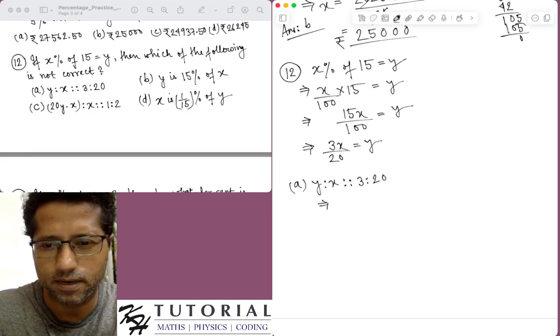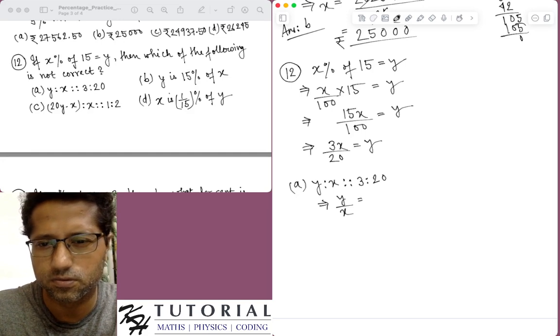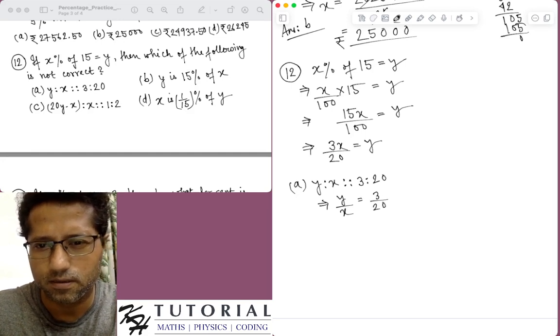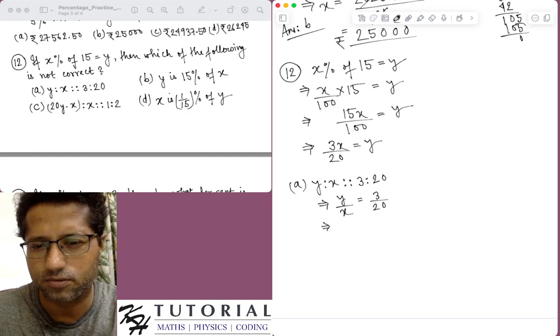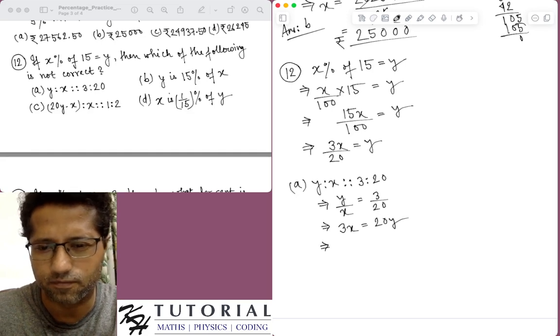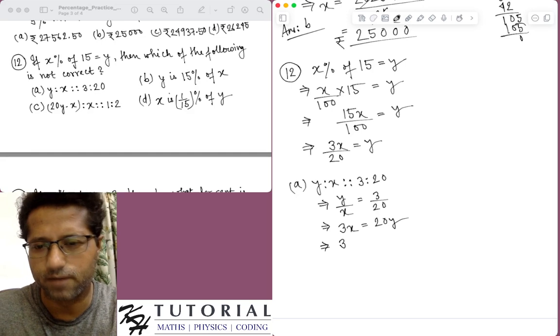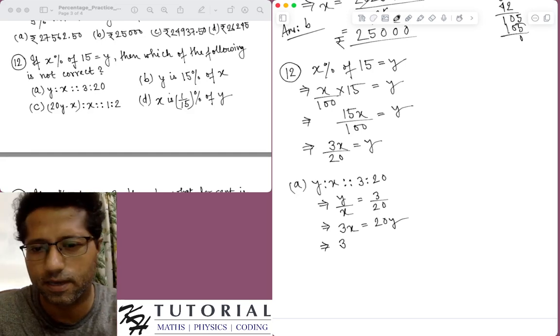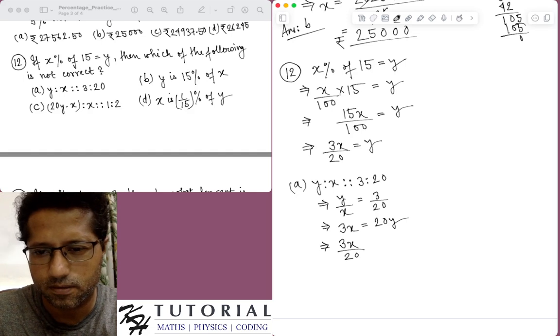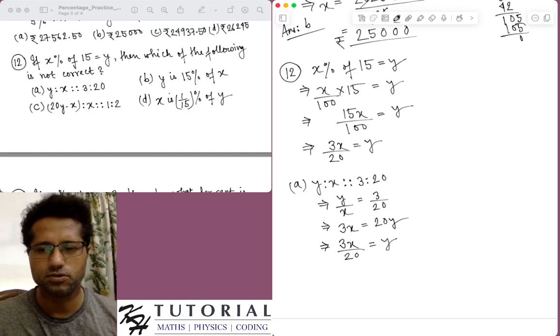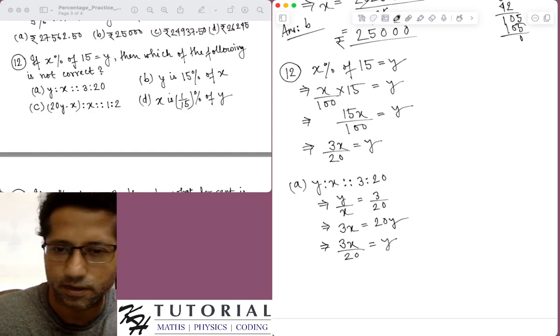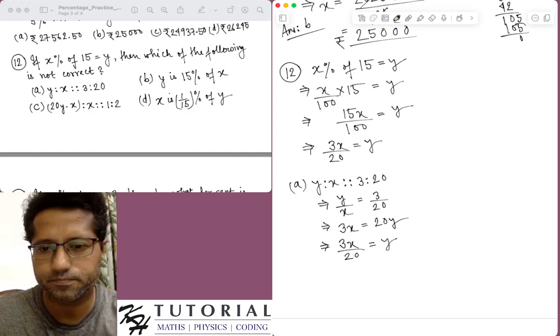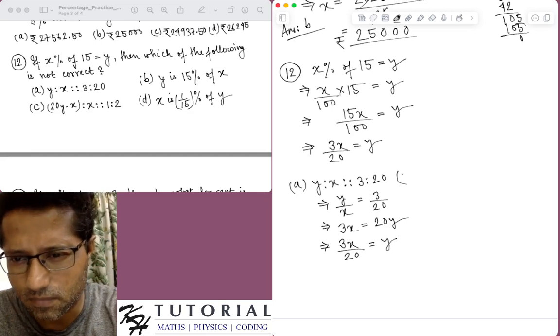This implies that Y by X equals 3 by 20. If we do cross product, we get 3X equals 20Y, and if we divide both sides by 20, we get 3X by 20 equals Y. So this is a correct statement. We have to choose the incorrect statement.